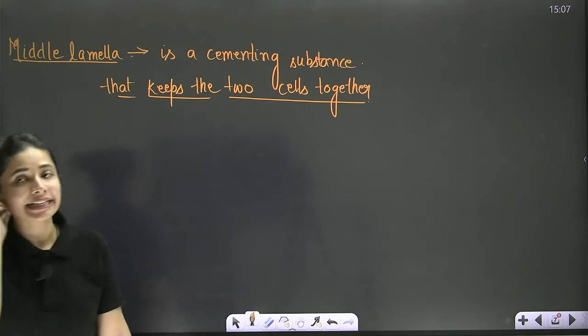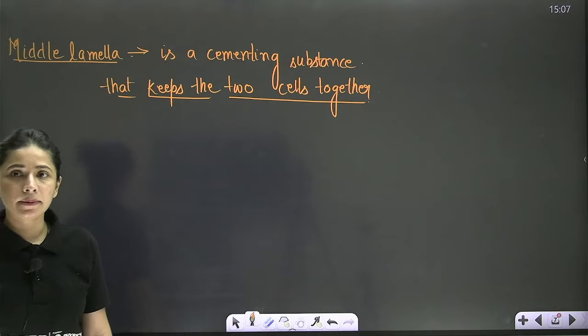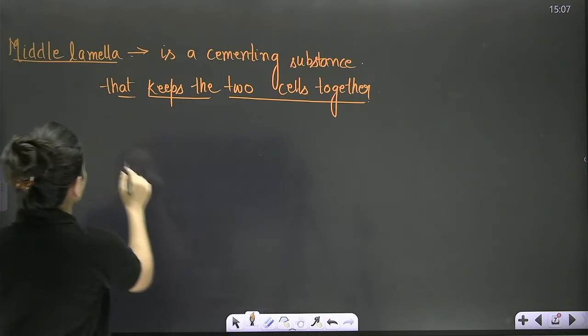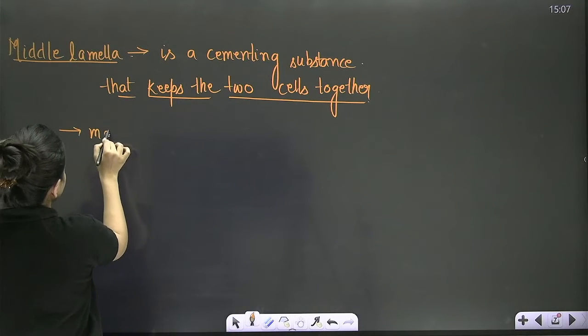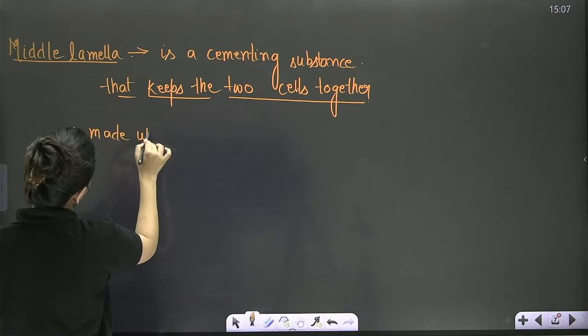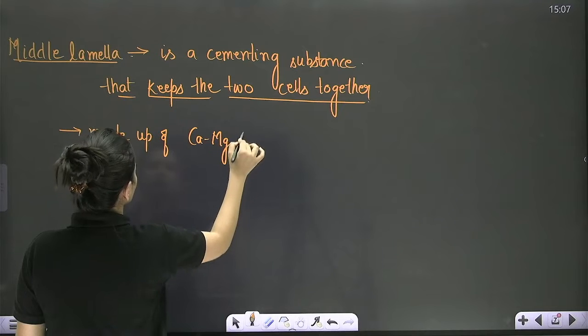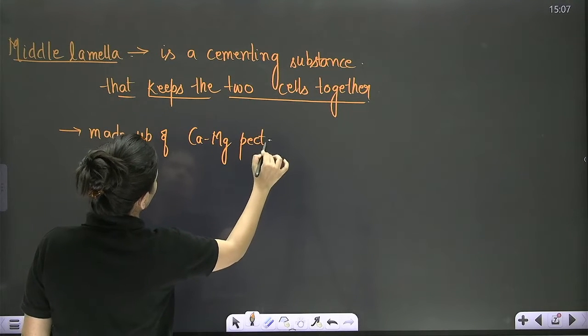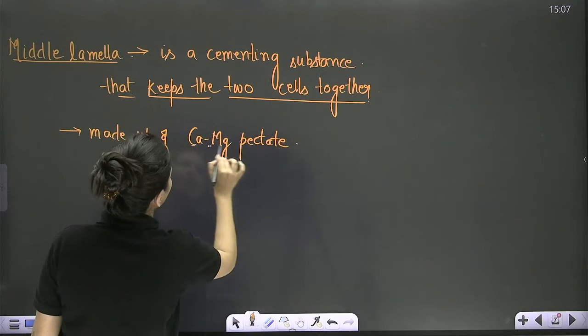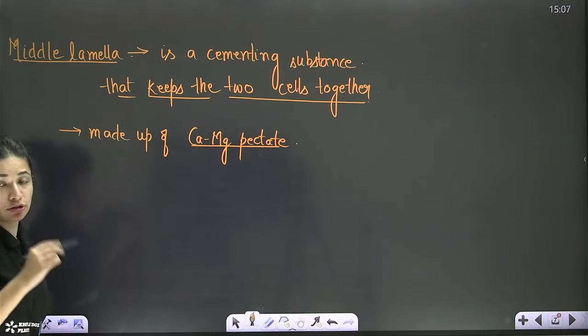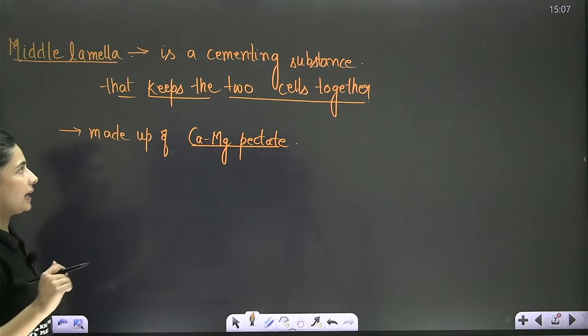Right? So basically it's a cementing substance that keeps the two cells together, and it is made up of calcium and magnesium pectates. It's made up of calcium and magnesium.